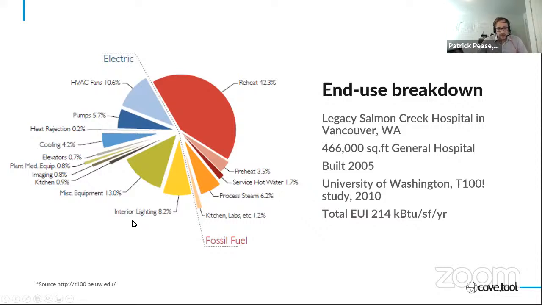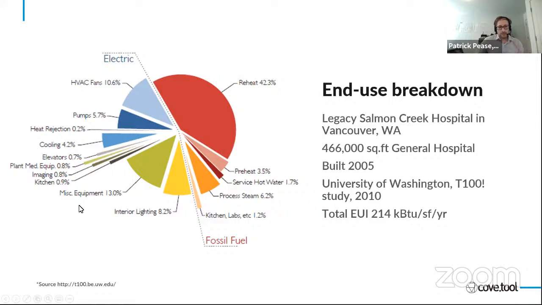So that can flag up to say, oh, I need to target this to reduce the energy for my building. But what's interesting about these two aspects is they require coordination with the stakeholders of the hospital. It's not a simple, oh, I can buy a more efficient chiller or a better boiler and reduce these things. There needs to be coordination with the operations of the hospital to really make an impact on these kinds of things.